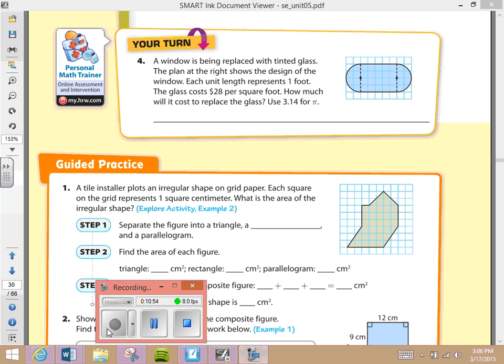Separate it, identify what you need, what formulas you need, and then work on it. Let's go. Don't ask me any more questions.